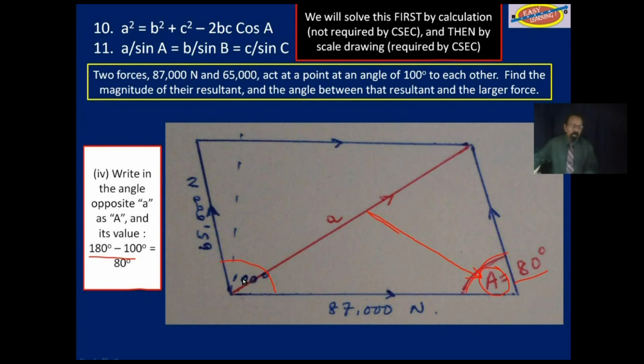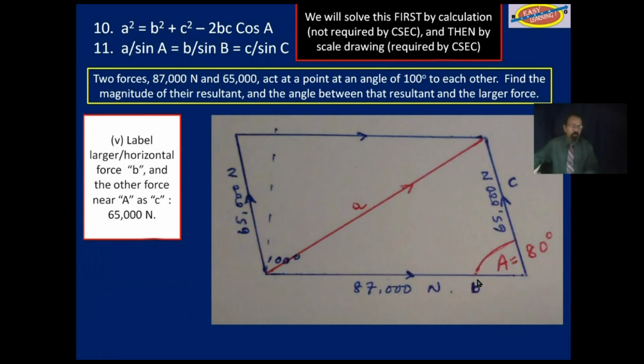They are co-interior angles: two parallel lines and a transversal, which is this. So if we know this is 100, we know that this is the remainder from 180. We then write in C over here and make sure that this is 65,000.